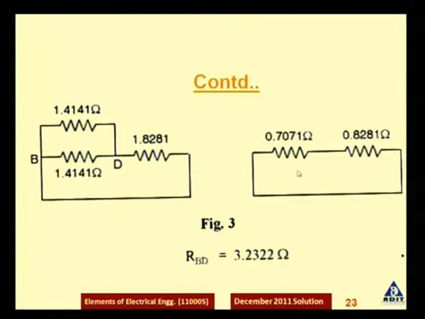By adding these two resistors, you get the equivalent resistance RBD equal to 3.2322 ohm. So this is the final answer: the resistance between the B and D terminals is 3.2322 ohm.